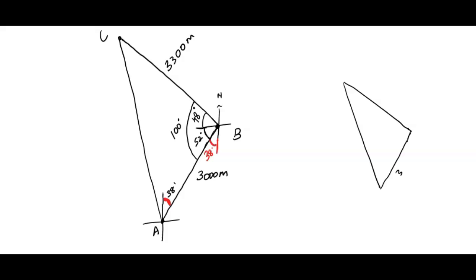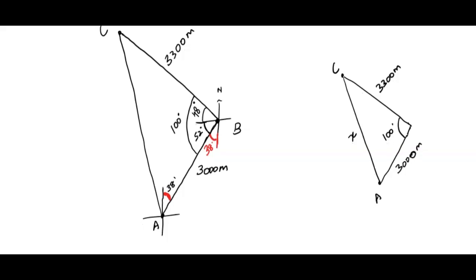So I've got my 3,000 meters there, 3,300 meters there, and I have my angle in between as 100 degrees. So we've got two sides and the included angle, which takes me to the hint of using my cosine rule to find the direct distance between points A and C.